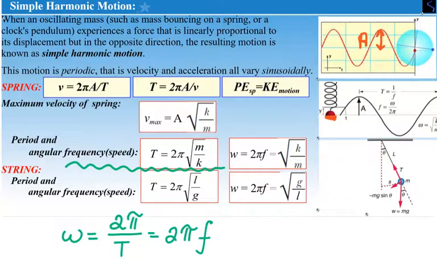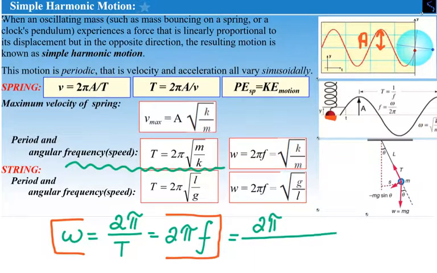This is another very common formula that is used in many different subjects, especially in electronics and electricity. But if I replace the frequency with 1 over T, then I will have 2 pi divided by T, and I just figured out that formula, which is 2 pi times the square root of m over k. So 2 pi and 2 pi cancel, and I have the square root of k over m.